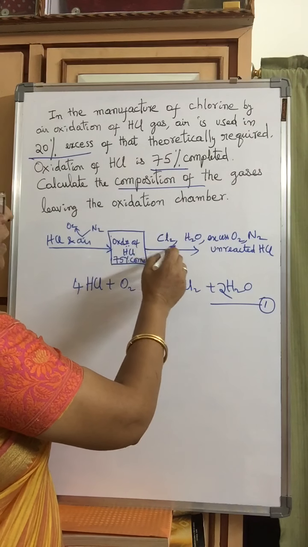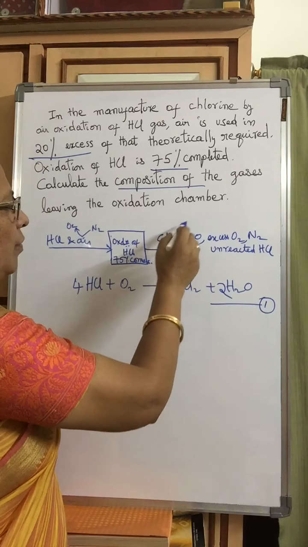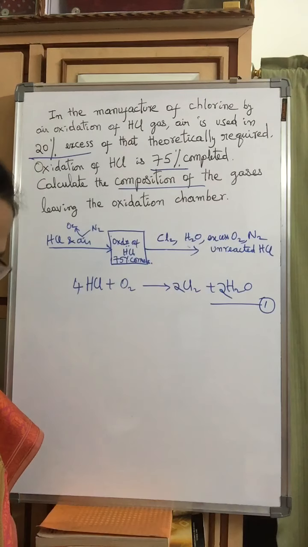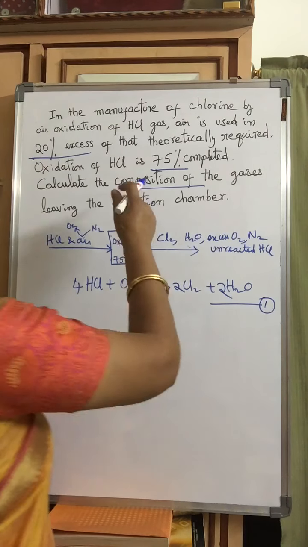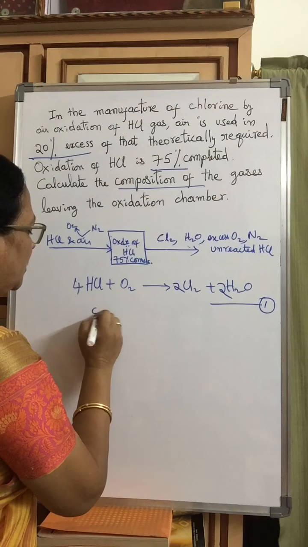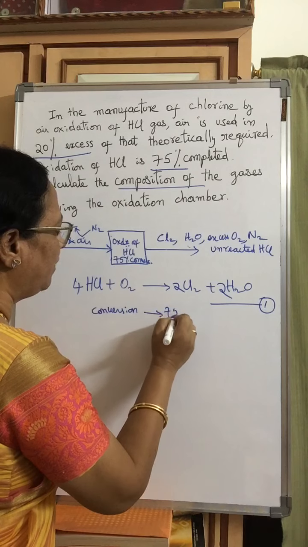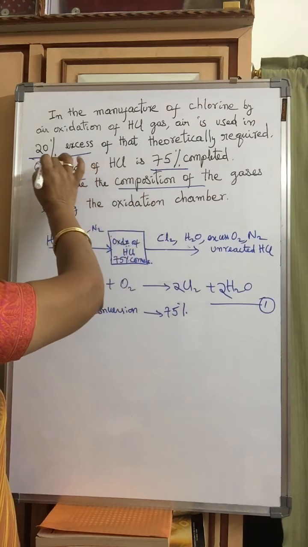So how to calculate moles of each component leaving? By writing the material balance for that component. And what information is given? Conversion is 75%. And what else information is given?